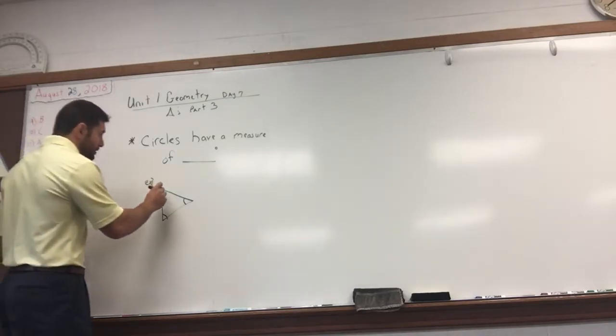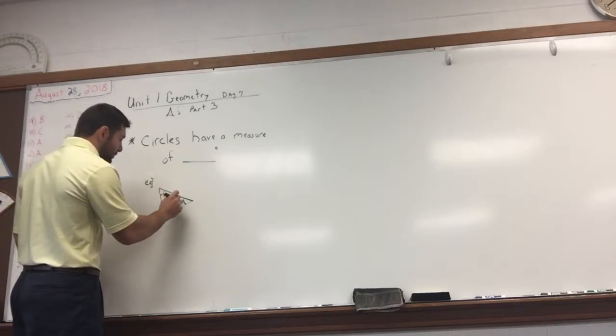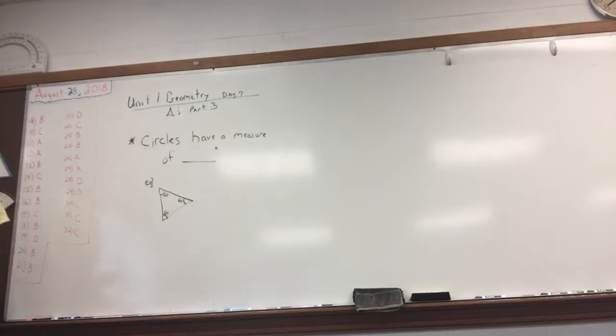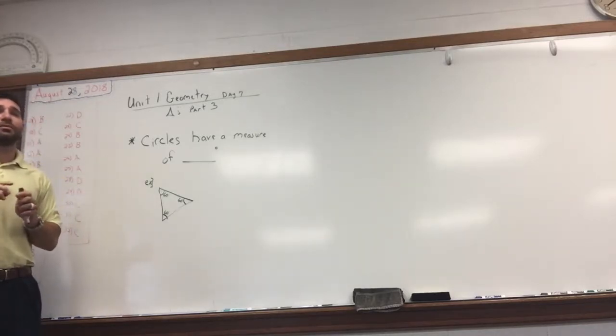Can you tell me how you got that to be 60 degrees? How did we get each angle to be 60 degrees in an equiangular? Layden? You have to have the arcs, right? Okay, but what is the sum of a triangle? Lydia? 180 degrees. How did we go from 180 to knowing each angle was 60? What did we have to do to that 180? Divided by 3. Very good.